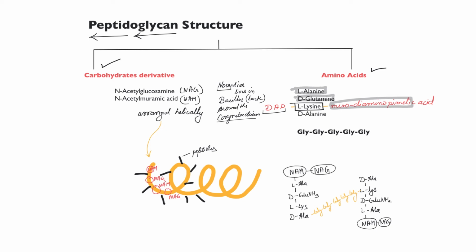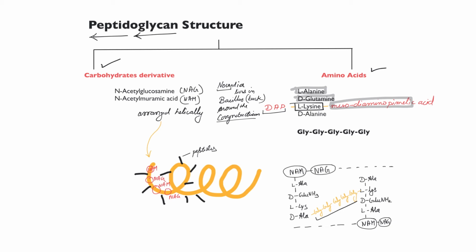Now, what about the linkages? We can see that there's a NAM and NAG chain, and that is how the helix is formed. And there is a 5 glycine residue. GLY stands for glycine.